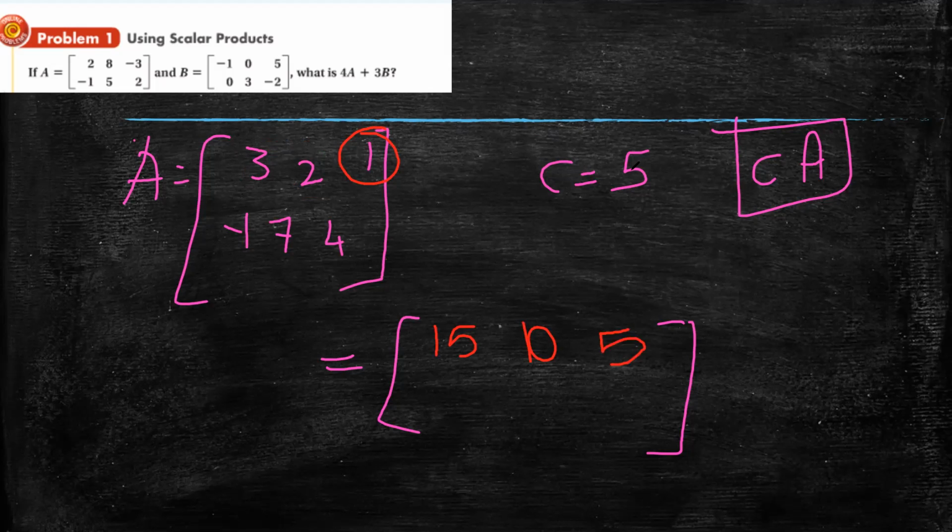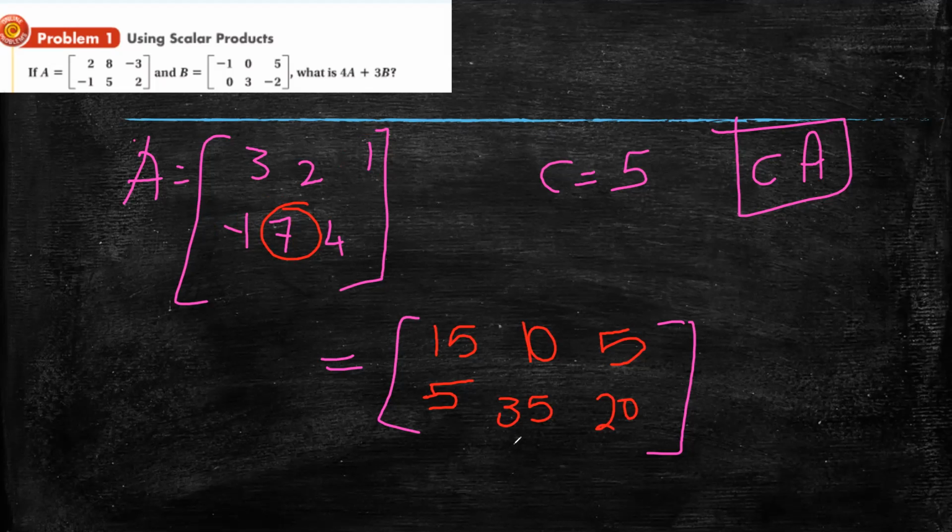And then you multiply 5 by this one here, where 5 times negative 1 is negative 5. And then you multiply 5 by this 7 here, which is 35. And then 5 times 4, which is 20. This is our new matrix by multiplying a scalar C times the matrix. This is the first type of multiplication.